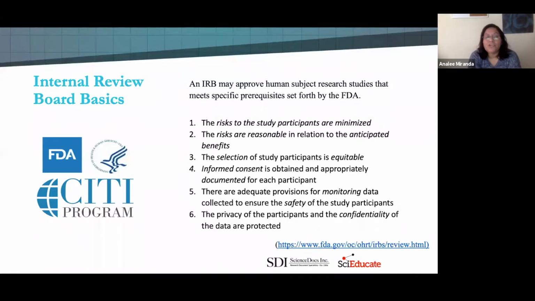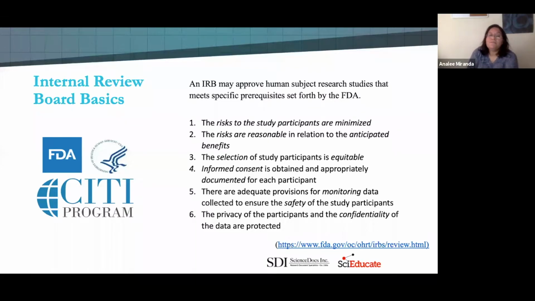They make sure that the selection of the study participants is equitable, and they use the risk versus reward analysis to do that. They also ensure that informed consent is obtained before any study can be appropriately performed, and it needs to be documented and kept safe. The information needs to be kept safe for each participant.